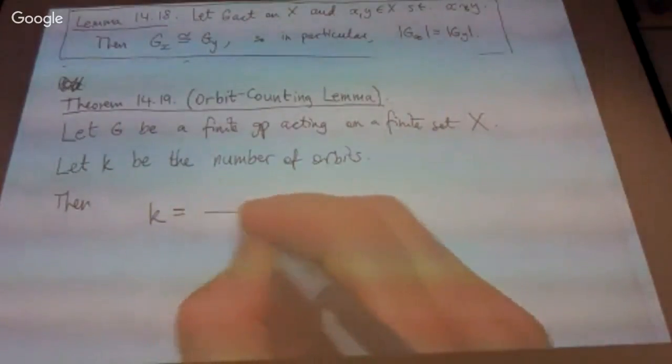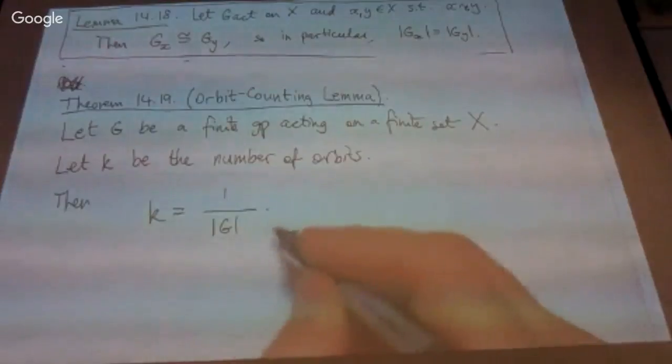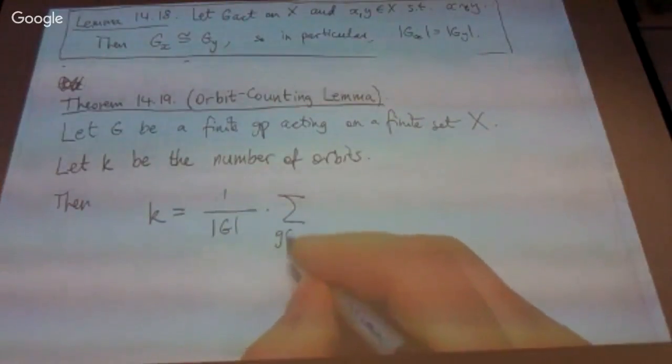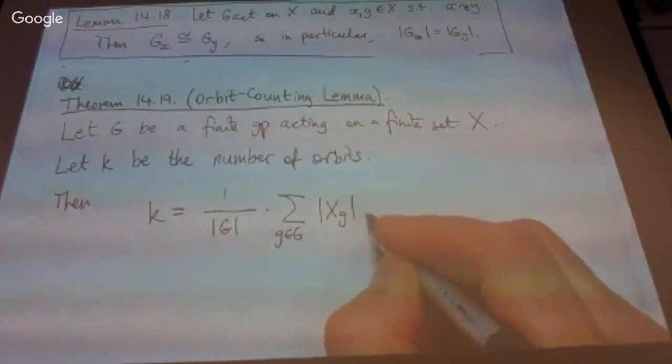So it's 1 over the order of G times the sum over all elements in G of the size of the fixed point set.